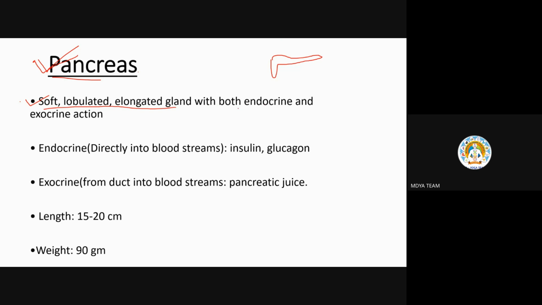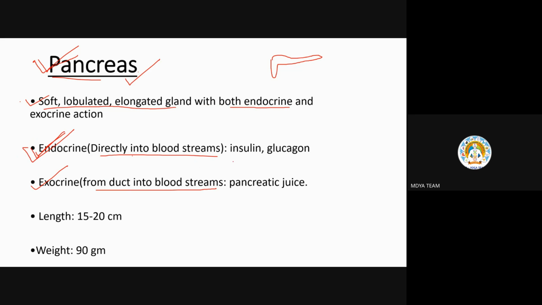It is an elongated gland with both endocrine and exocrine functions. Endocrine means the glands directly supply hormones into the bloodstream, while exocrine secretions travel through a duct. Therefore endocrine glands are also known as ductless glands, as they do not use a duct to carry substances into the bloodstream. The pancreas has both properties, endocrine as well as exocrine.